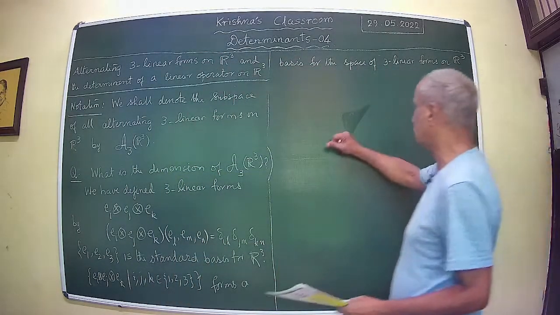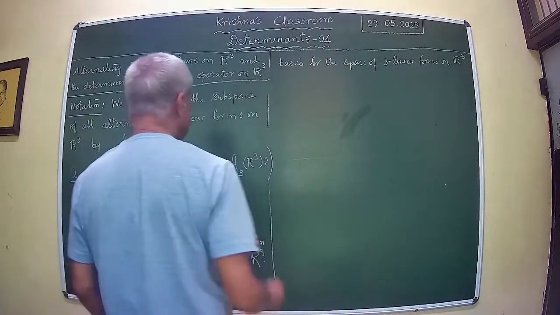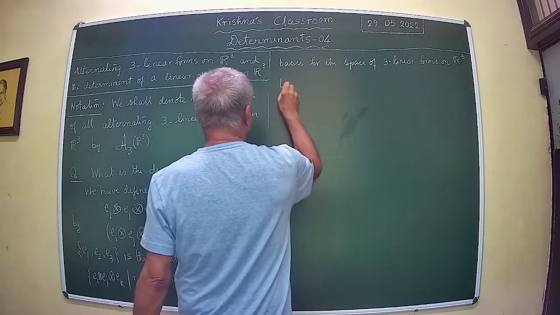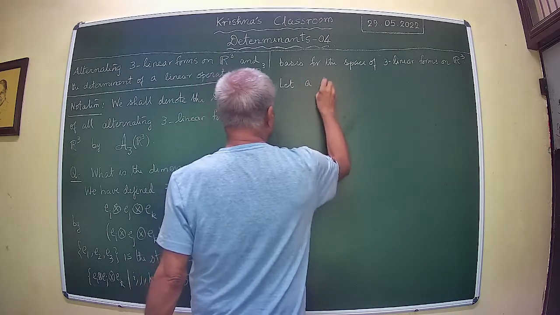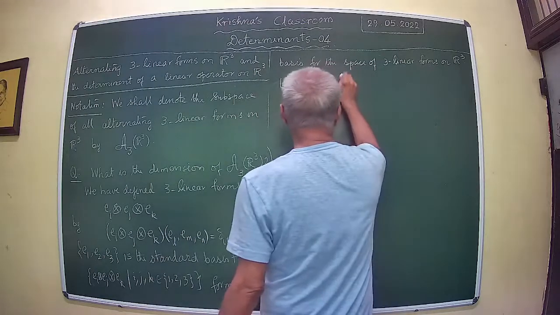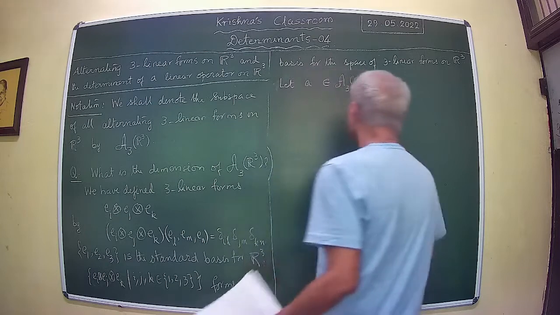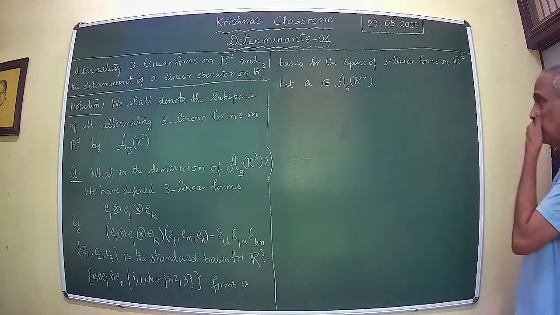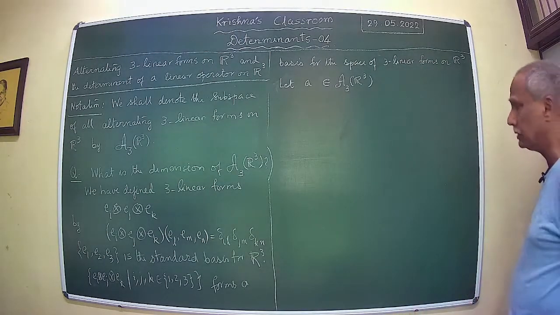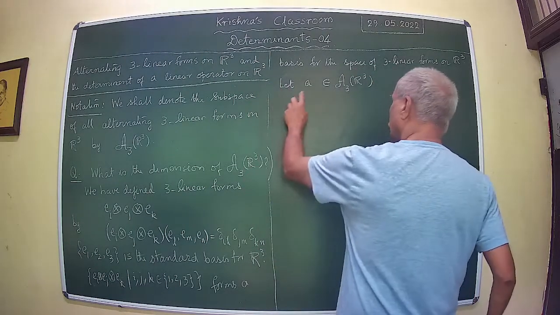Now let A be an alternating three linear form. It's an alternating three linear form. We know it's a vector space, therefore let us explore what kind of vector A is.